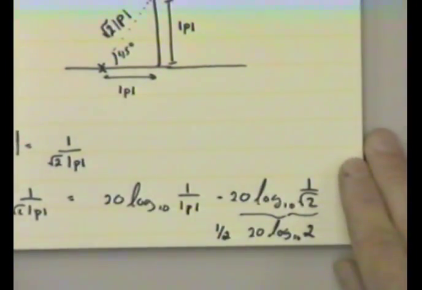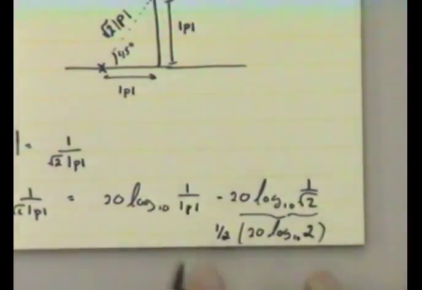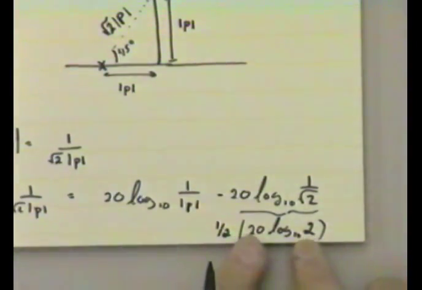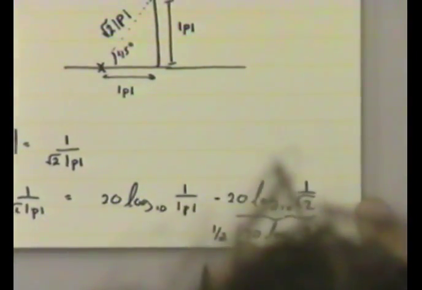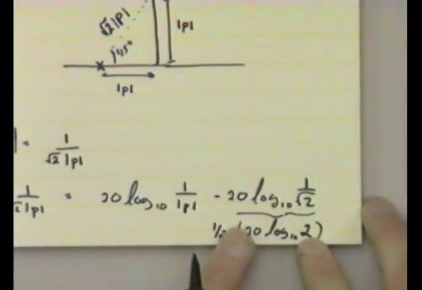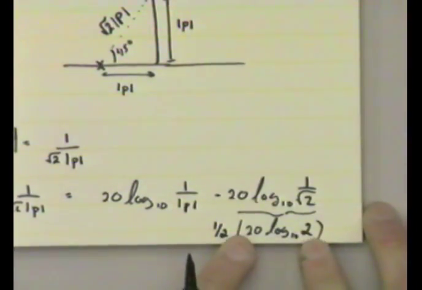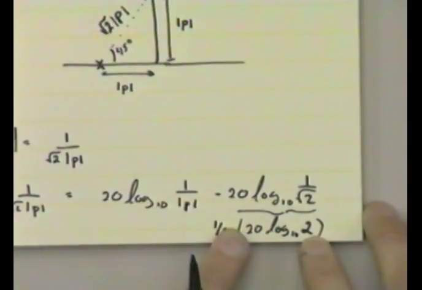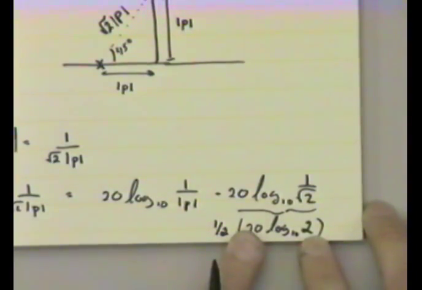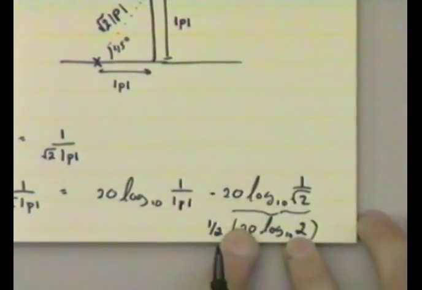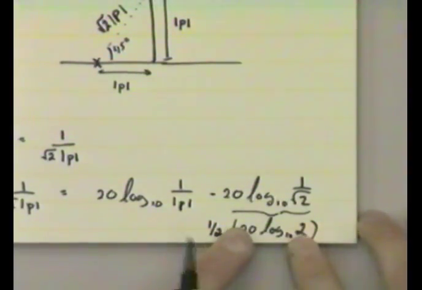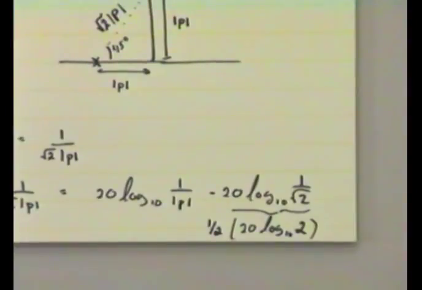Is everybody clear on that? If you remember from 101, we also mentioned this last time, this term here, when you actually plug it into your calculator, is very close to 6. 6.0 something. I stopped caring after the first digit, so for me it's 6. So half of 6 is 3.